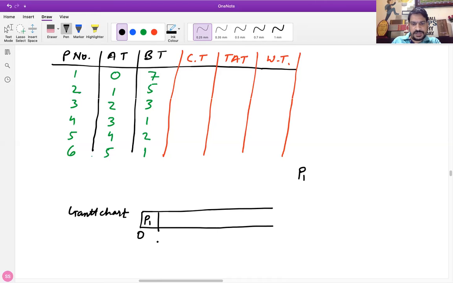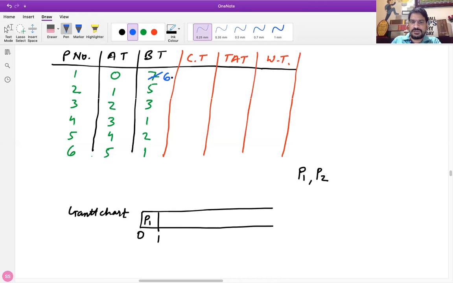Now at time 1, we'll again see what processes are available. So at time 1, P2 has also come into the ready queue. Now we'll see the remaining time of this particular process. The remaining time left here is 6. Now 6 is the remaining time, and for P2 the burst time is 5.